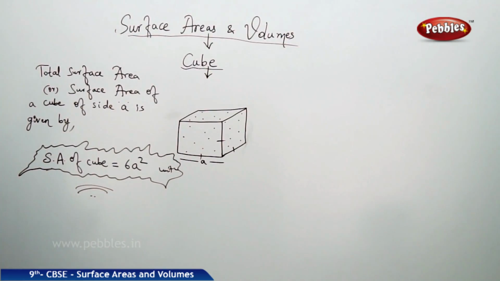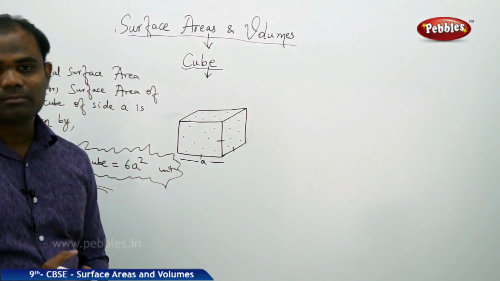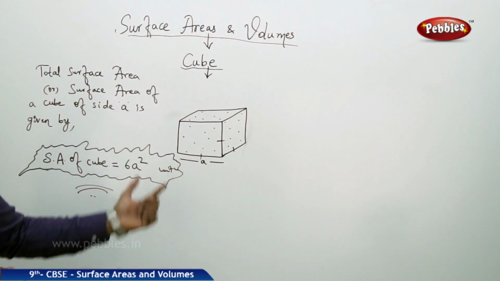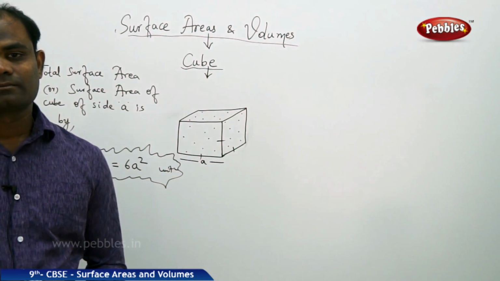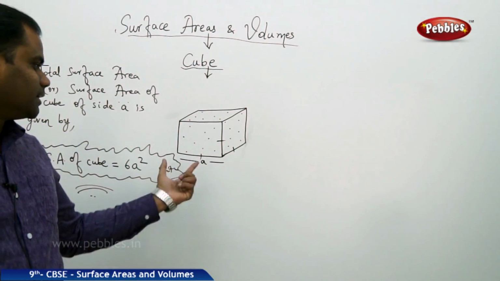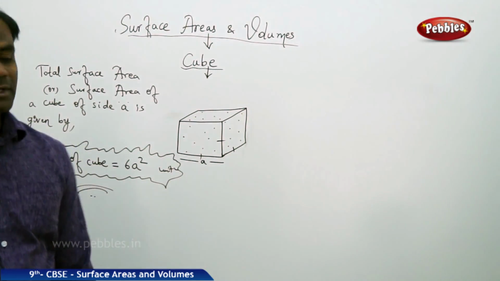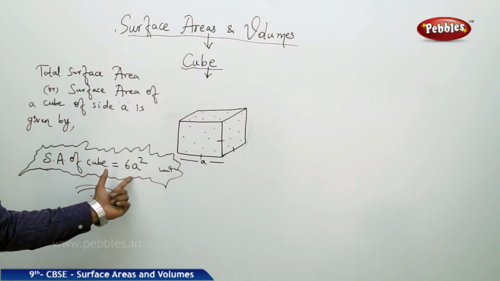That's how we understand the surface area of a cube as 6a² square units. If I have a cube of side a, I can find the surface area by using the formula 6 times a².